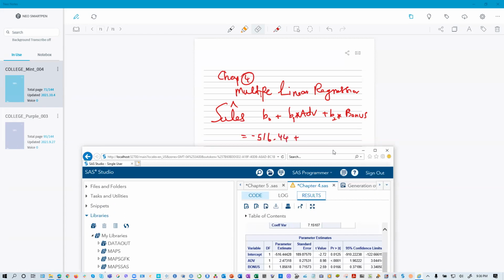If it has been multiplied by 100 or 1000, you can, but I'm going to keep this one for my convenience of decimal places. B1 is 2.47 times advertising plus the other one, 1.86 times bonus. That's the sales estimate.